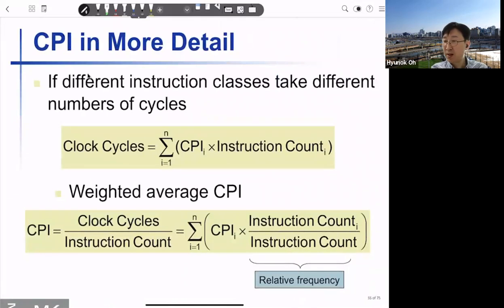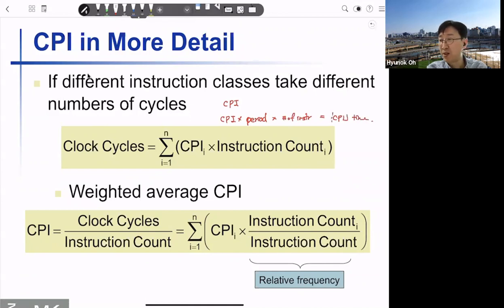So normally, how they do it is they simply measure other quantities. Computing CPI is not easy. We always know that CPI times clock period times number of instructions is the CPU time, right?